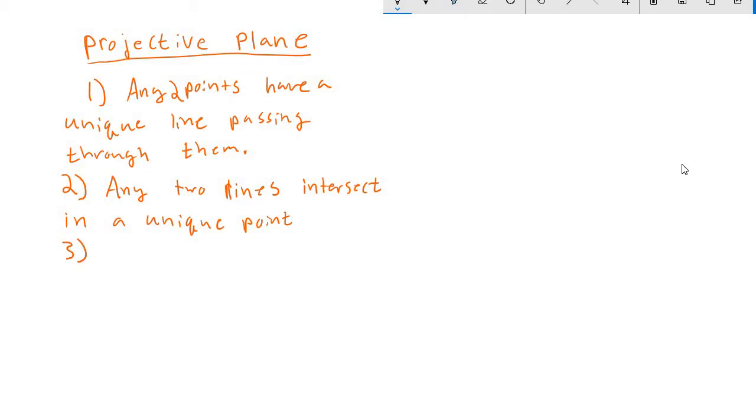And then again, like affine geometry, there's 2 other axioms, and in some sense these are less important. Same with the last axiom in affine geometry. It's just more to make sure that we don't get any silly sort of useless examples. So these last 2 are just that all lines have at least 3 points.